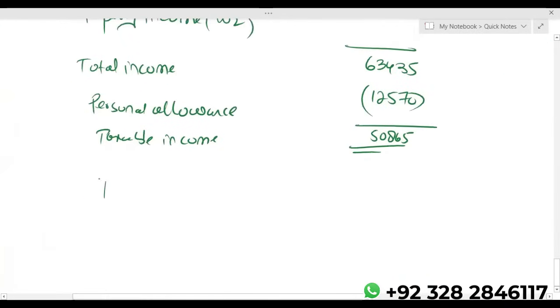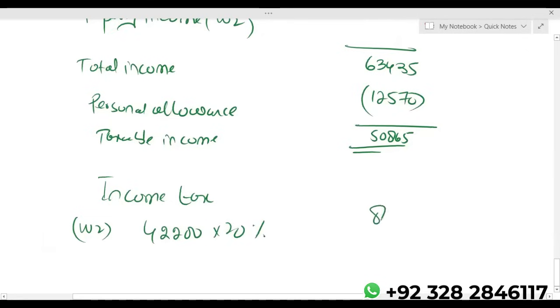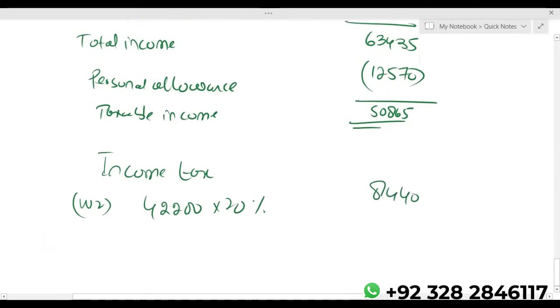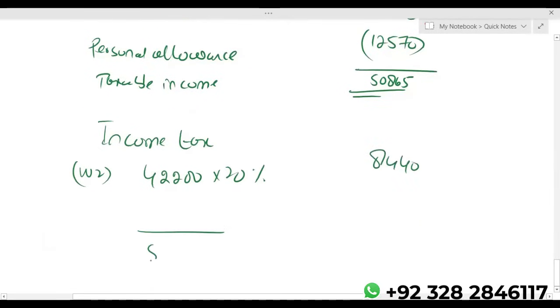Income tax, working two. Now the limit of the basic rate band is 42,200 into 20%. So how much are we getting? 8,440. Your total taxable income is 50,865. Out of this 50,865, we have already taxed 42,200.